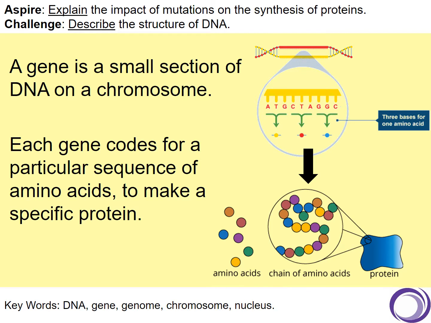So the order of these bases determines the amino acids which are made. 3 of the bases you can see in the diagram make up one amino acid. And then it's the order of those bases and amino acids which result in the proteins that are actually made. Because proteins are just long chain amino acids made of DNA. The order of those amino acids determines the specific protein that is made.